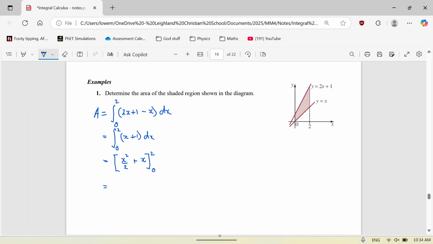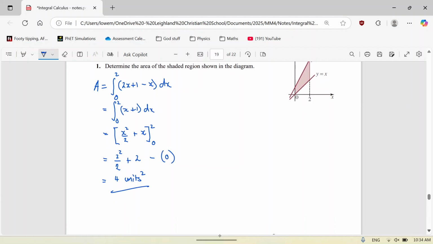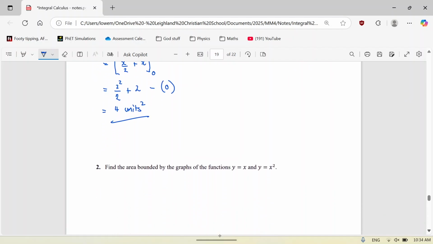Substitute our 2 in first, so that becomes 2 squared over 2 plus 2 minus, we substitute 0, that's all going to become 0. So we're left with 4 over 2 is 2 plus 2 is 4 square units. Okay, and that is our shaded area that we've got there. So because we are calculating the area, we do need to include those units.